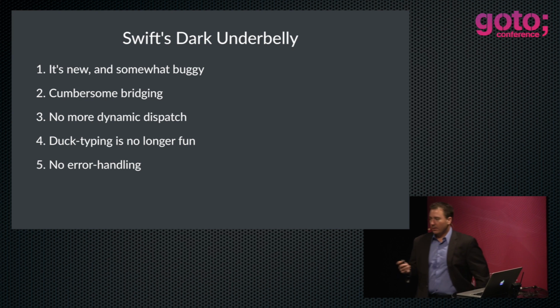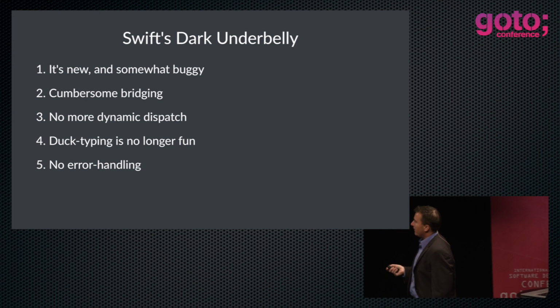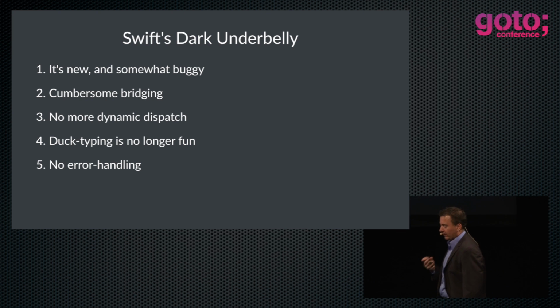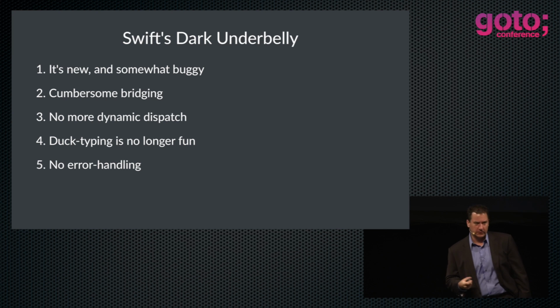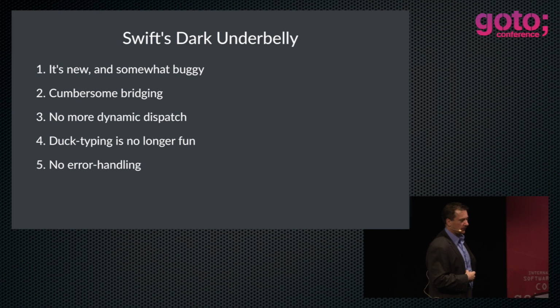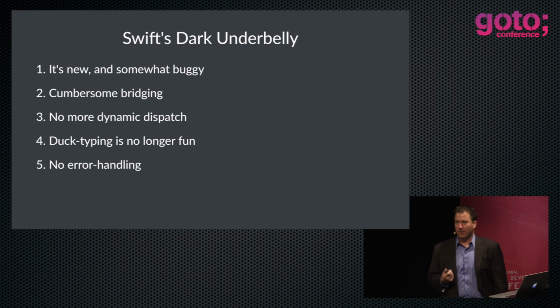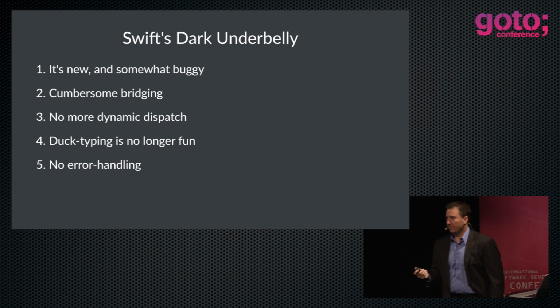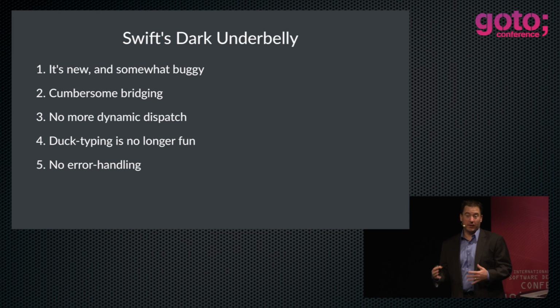And the major shortcoming right now, in my view, is that there's just no built-in error handling. There's no exception handling. There's not even really documented best practices for how you should handle errors, and that makes dealing with error conditions a lot more cumbersome, especially when you have to interact with someone else's Swift libraries, and more will be coming out.